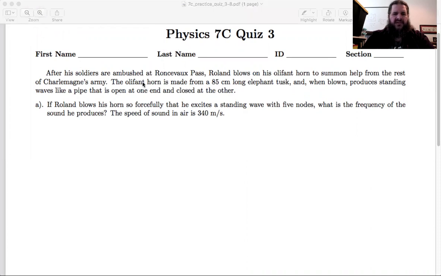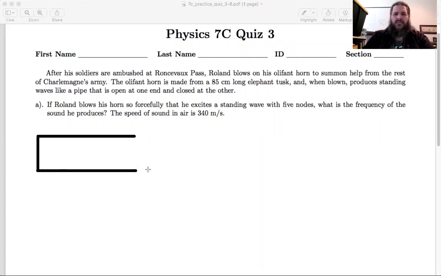So let's sketch that out. Just as a general idea, this is going to look something like this. A pipe that's open at one end and closed on the other. And we know the length is 85 centimeters. Now let me make that 0.85 meters, because I think meters is going to be more useful here.